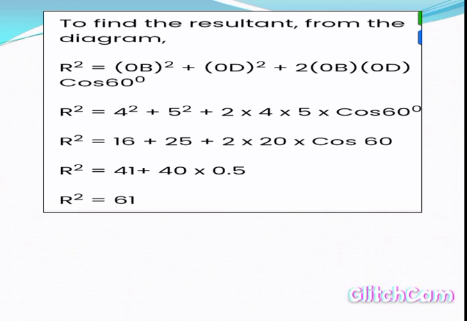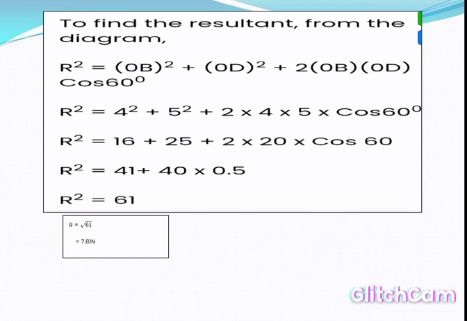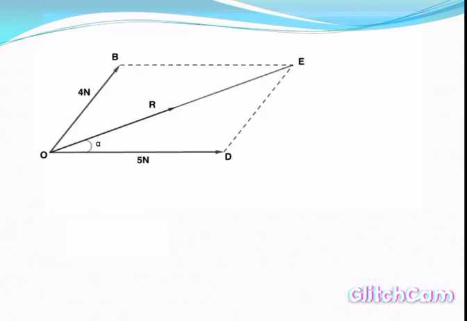So 40 times 0.5 is 20. 20 plus 41 is equal to 61. So r squared equals 61, and r equals square root of 61, which is equal to 7.81 Newton. So the magnitude of the resultant vector of OB and OD equals 7.81 Newton.